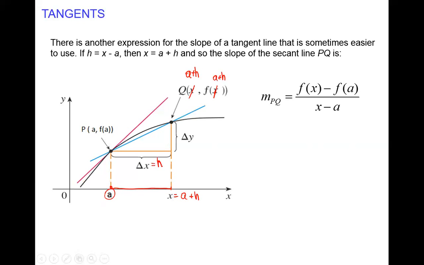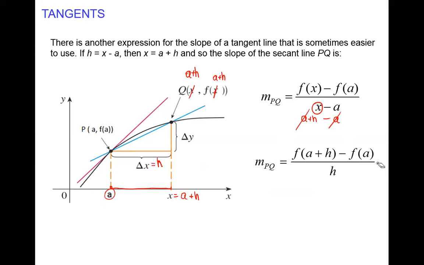That means now let's see. That's the definition of the slope, but instead of x, a plus h. And if I put instead of x, a plus h, and then subtract a, we can see my denominator becomes only h.